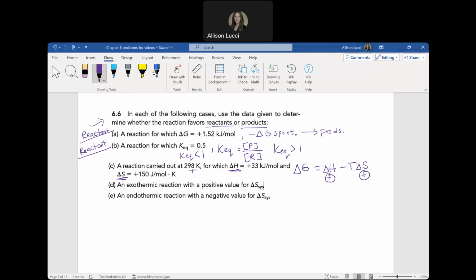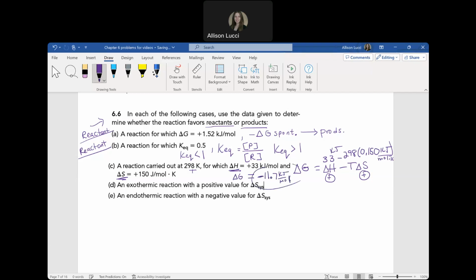So if we did that, we would see that we have 33 minus 298 times 0.150 kilojoules, right? We want both of these in kilojoules per mole, Kelvin in this case. So if we multiply 298 by 0.150 and subtract that from 33, our final answer would give us a delta G of negative 11.7 kilojoules per mole.